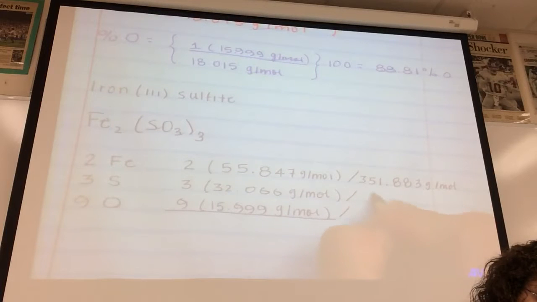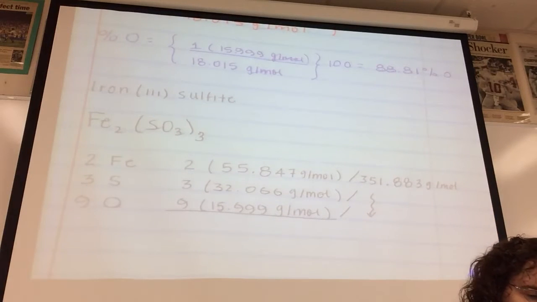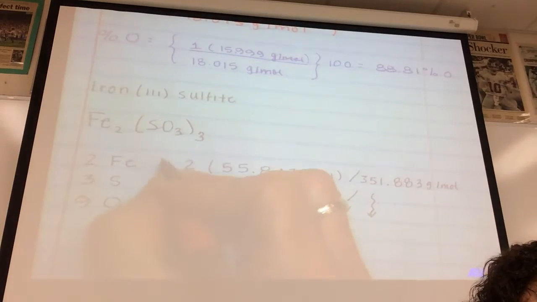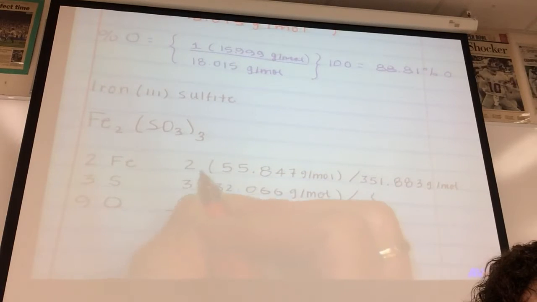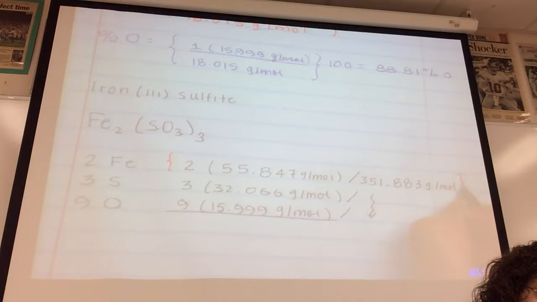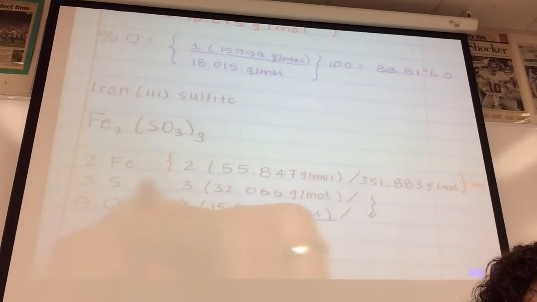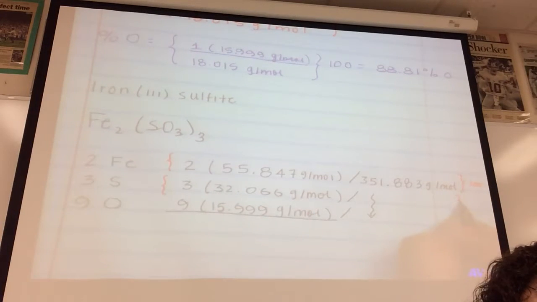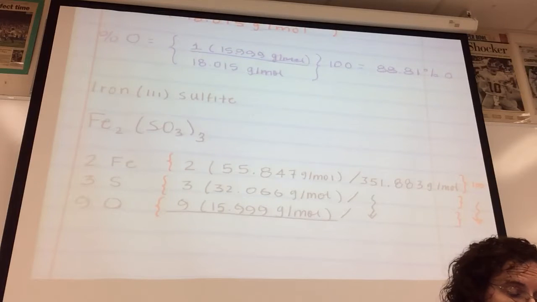And then I like to just squiggle down. And then you don't have to write as much.